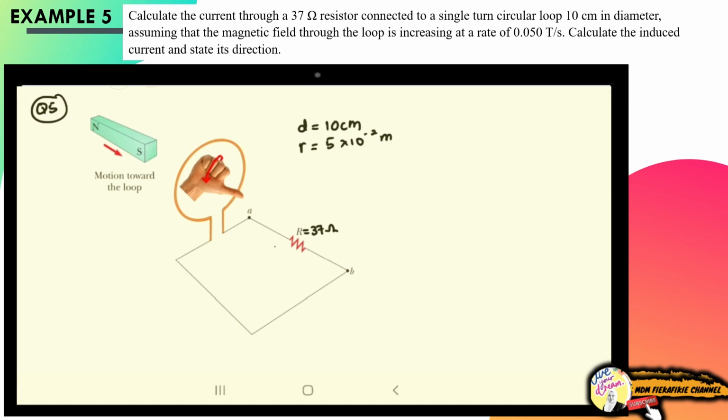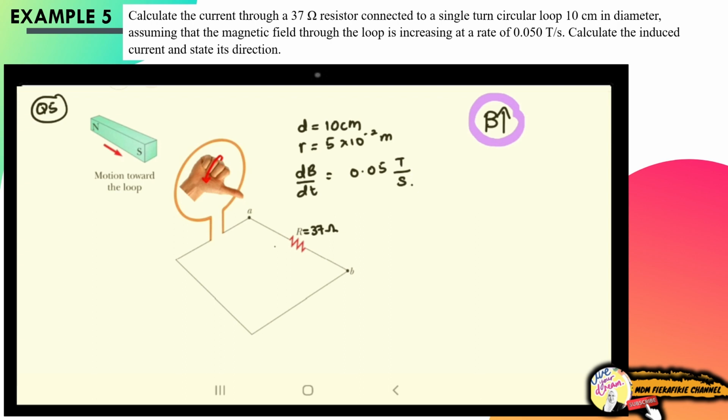So assuming that the magnetic field through the loop is increasing, dia dah sebut that B is increasing. So there is a change in the magnetic field where the rate of change of the magnetic field, dB over dt, is given 0.05 Tesla. So why is the magnetic field through the loop increasing?